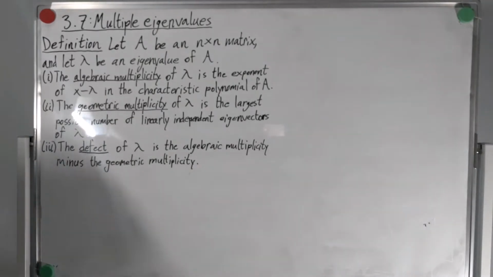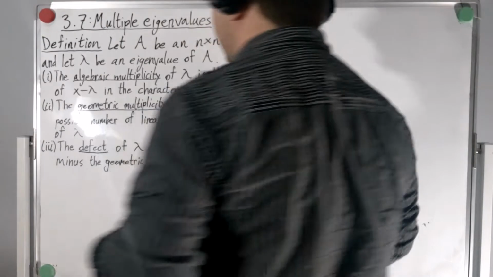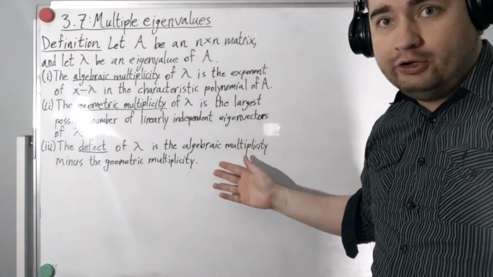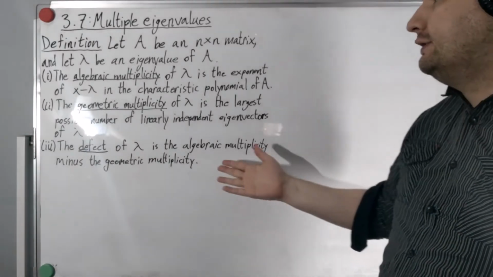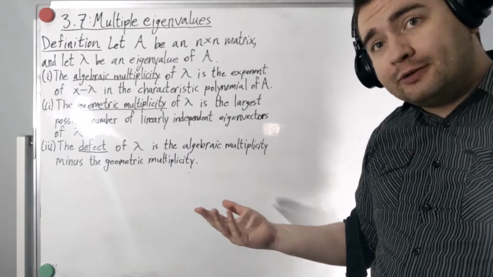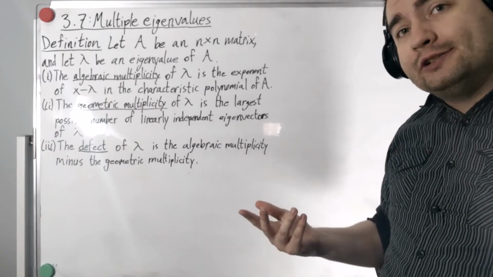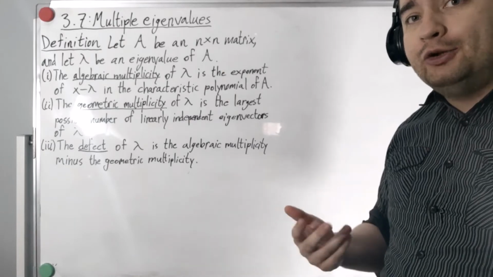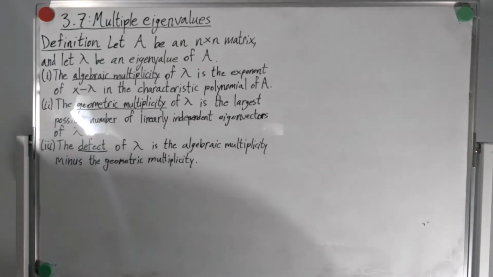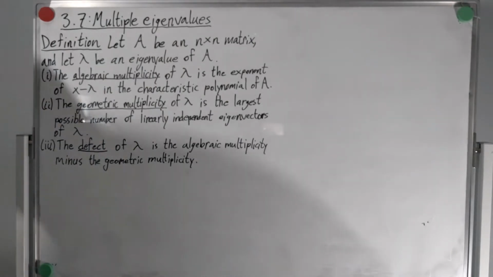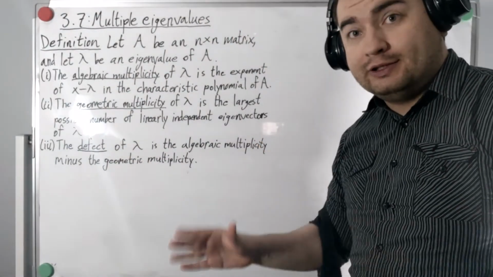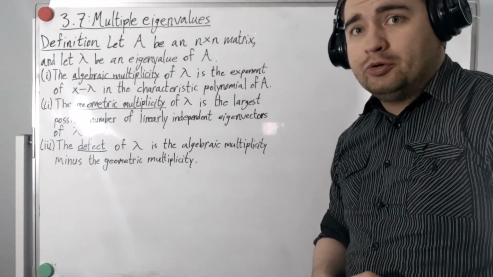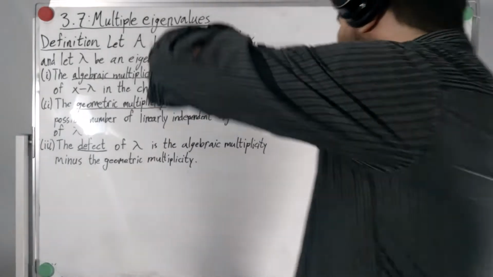And it's worth saying that the defect of an eigenvalue is always greater than or equal to 0. If the defect is 0, we say the eigenvalue is complete. If the defect is larger than 0, then we say that the eigenvalue is defective. Okay? So when you have complete eigenvalues, when the defect is 0, things go pretty smoothly. Let's look at an example where that happens.